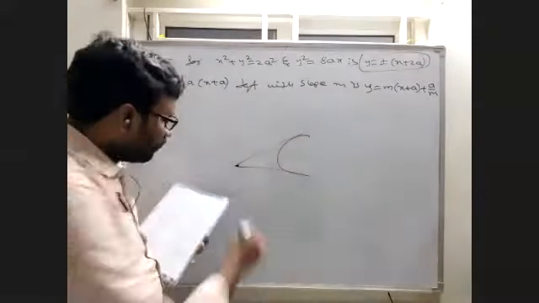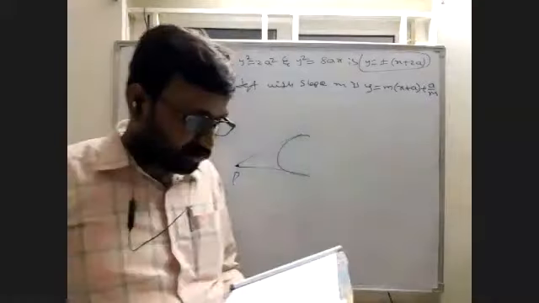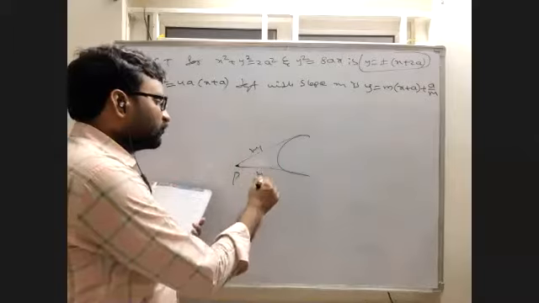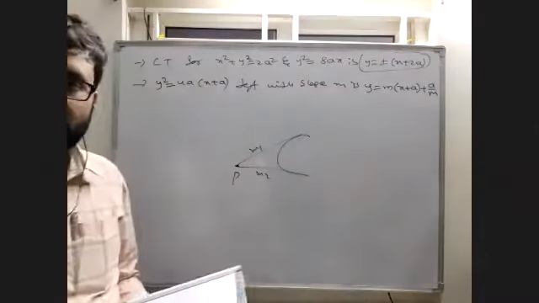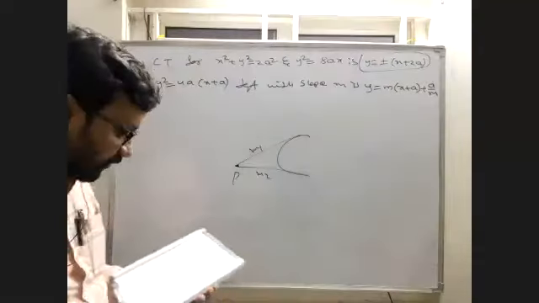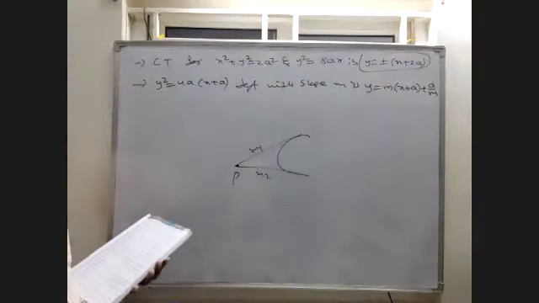And next, if m1 and m2 are the slopes of the tangents from an external point P to the parabola y² = 4ax. If you draw two tangents from the external point P to the parabola, m1 and m2 are the roots.